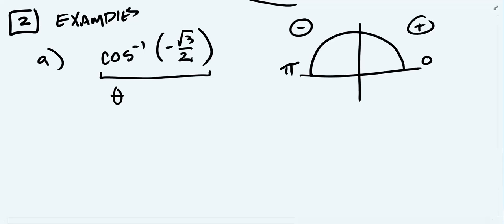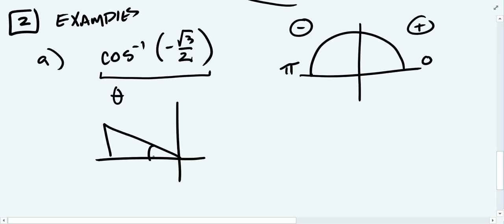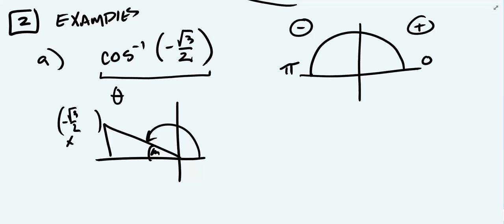So I am looking for some angle over here. There is some angle whose cosine, which is the x value, is negative root 3 over 2. What angle would that be? You could just look at your unit circle, it would tell you.